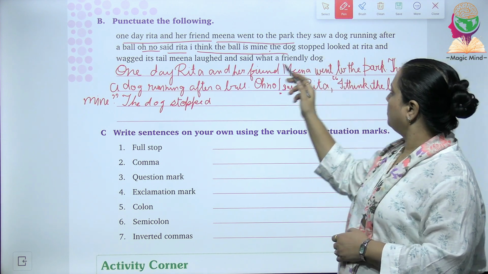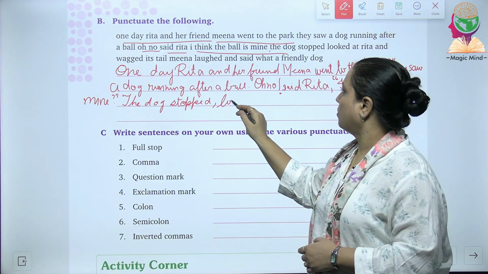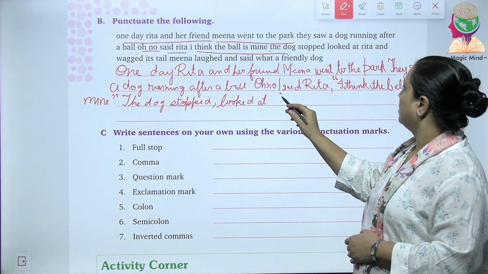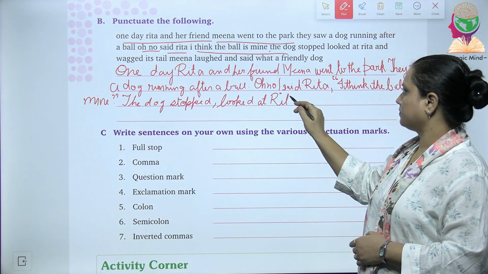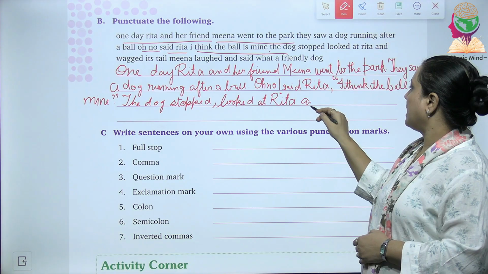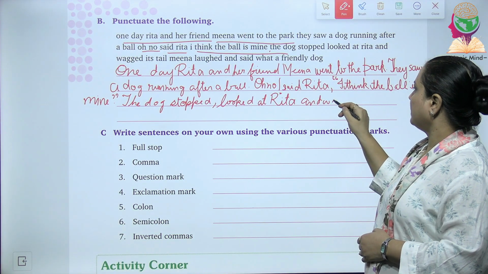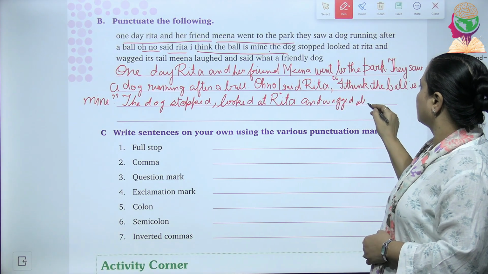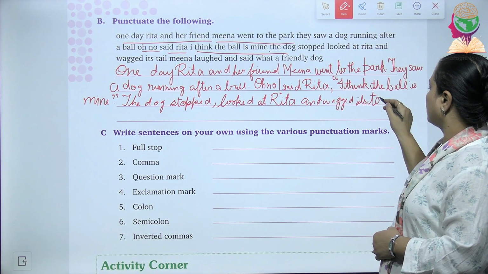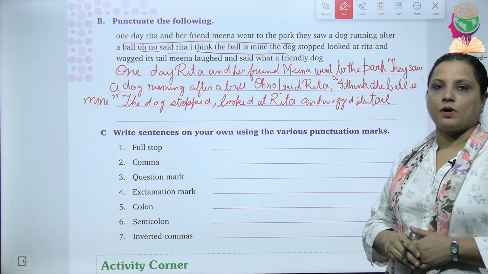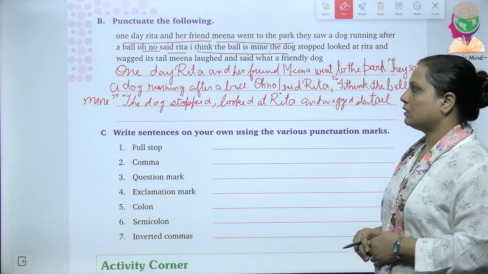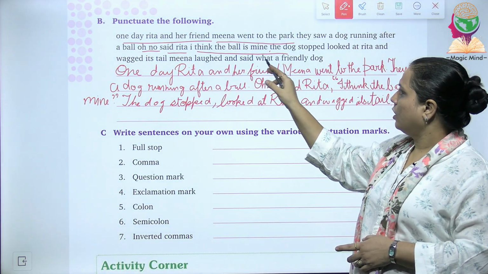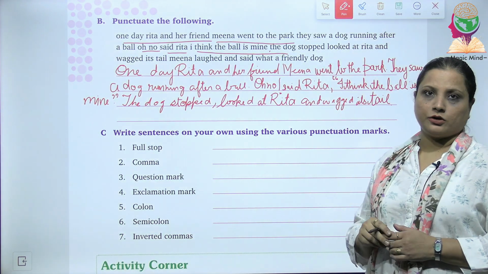The dog stopped, comma, looked at Rita and wagged its tail. Then we'll put a full stop after tail. The next line is, "Meena laughed and said, what a friendly dog."